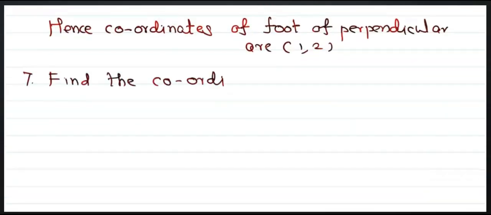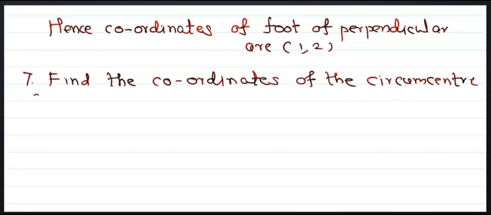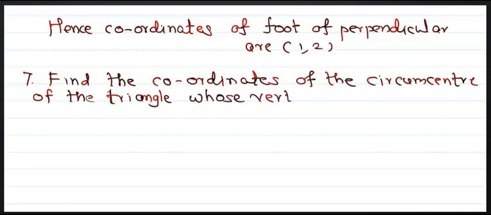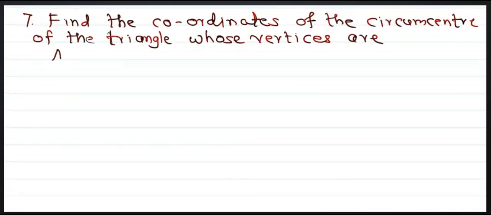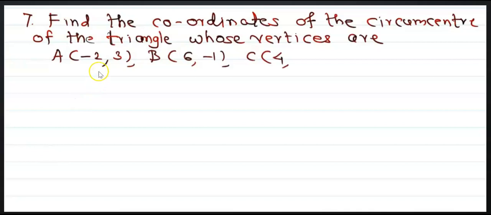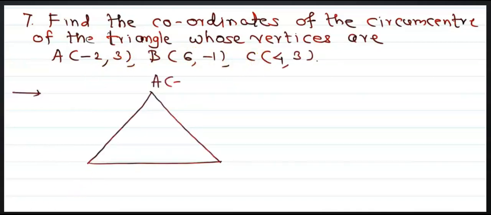Question number 7. Find the coordinates of the circumcenter of the triangle whose vertices are A minus 2, 3, B 6, minus 1, C 4 and 3.